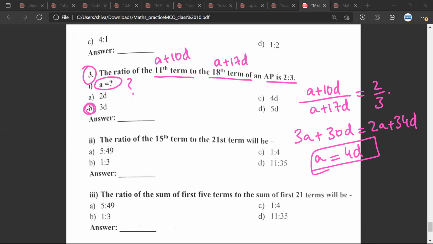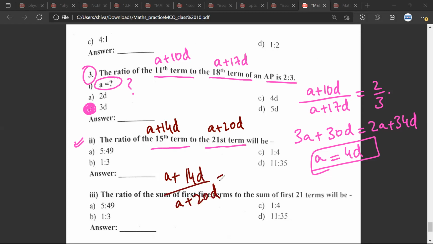4D. Correct. How should we do the second part? In the second part, we do it the same way we did the first part. A plus 14D and A plus 20D. So (A plus 14D) upon (A plus 20D). Now we already know the value of A. So the value of A is 4D.